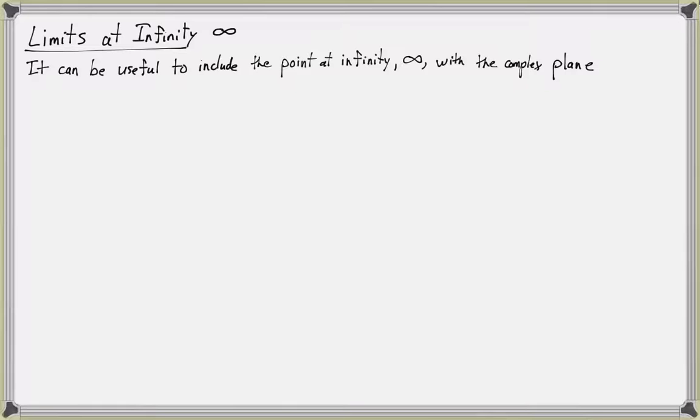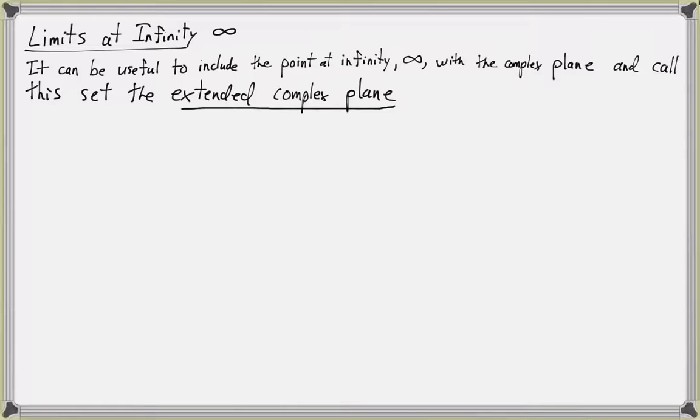And if we include infinity, then this is called the extended complex plane. The extended complex plane will be denoted by a bold C with a subscript for infinity. So this is defined as the complex plane union the point infinity.